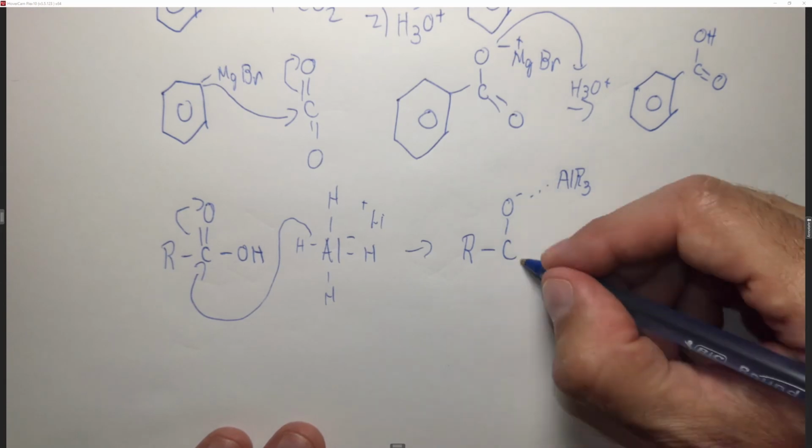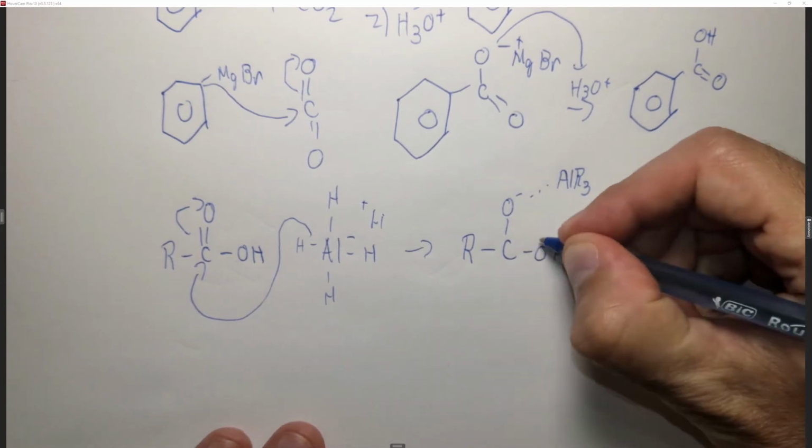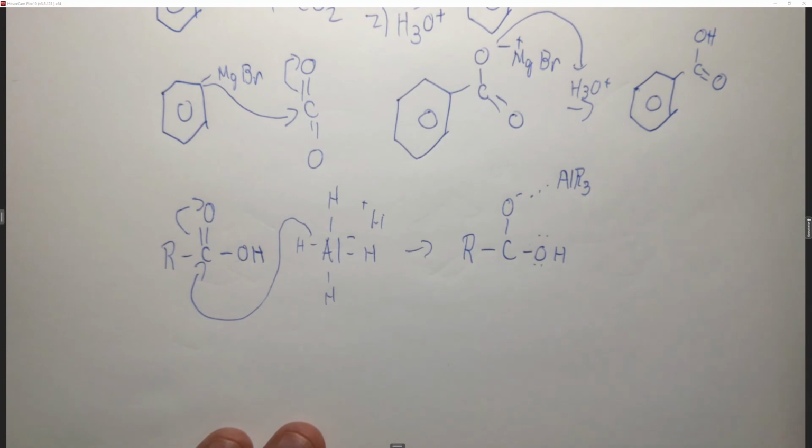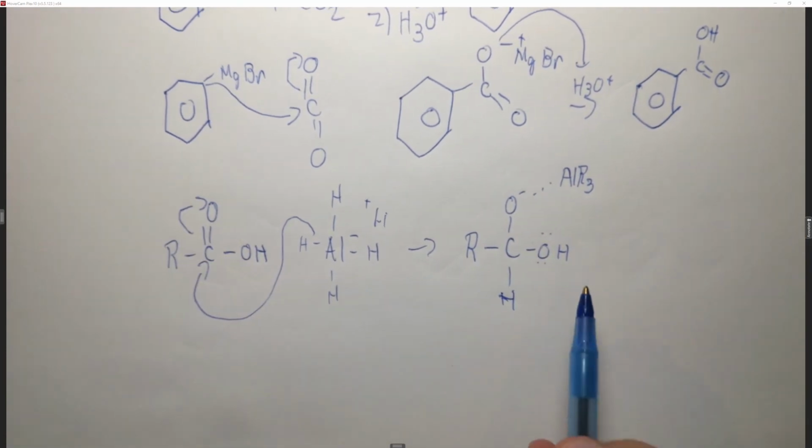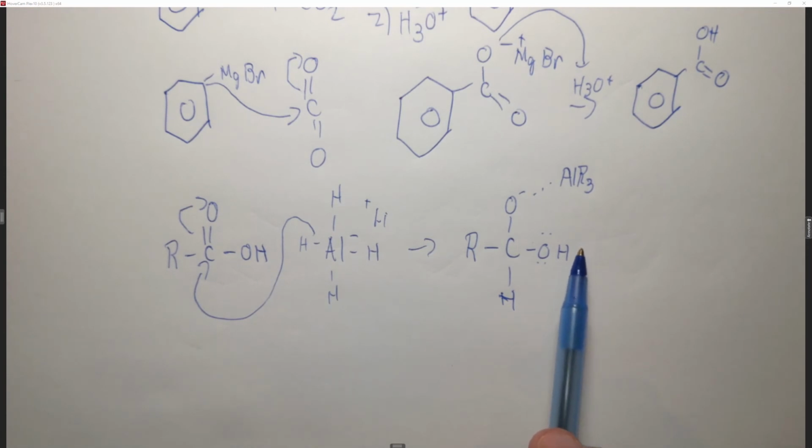All right, we have the OH, there's 2 lone pairs here, and now we have an H. Well, this molecule doesn't really like to have both of these oxygens attached to this bond.